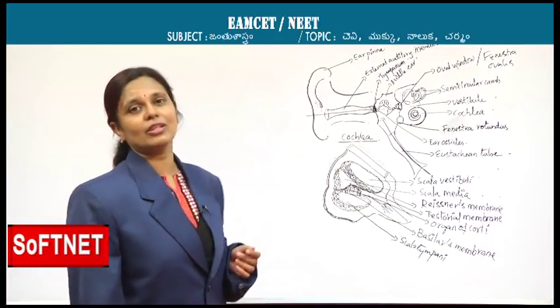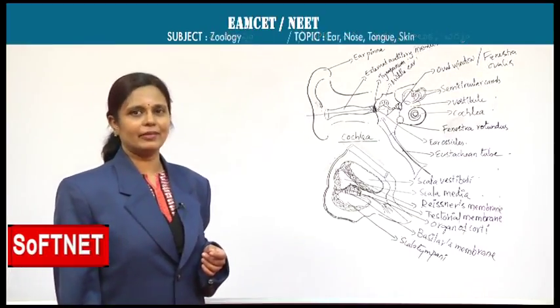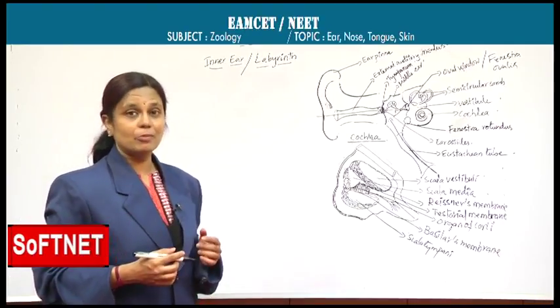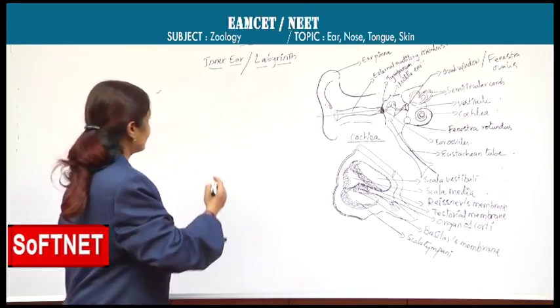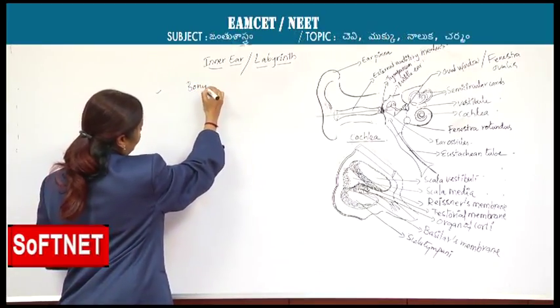Now, let us also learn about the structure of the inner ear or labyrinth. This inner ear or labyrinth is a bony structure made of bone basically, so you call it the bony labyrinth.